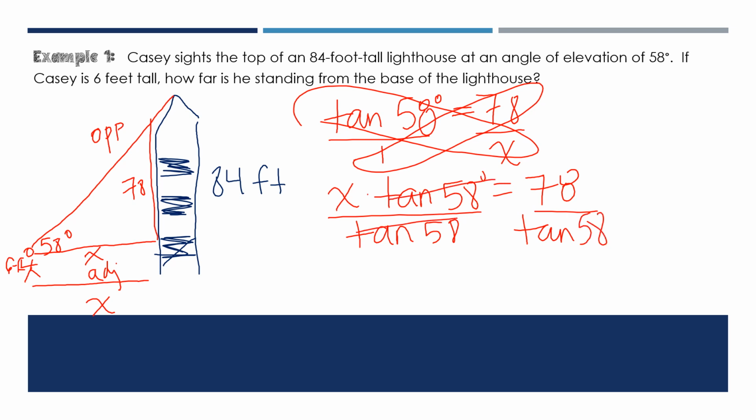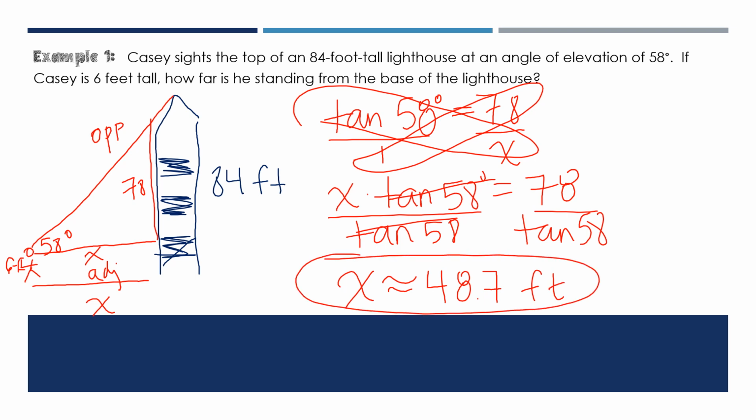We go to our calculator and type in 78 divided by tangent of 58. Make sure you don't do the inverse tangent, because we have the angle, so just regular old tangent, and we should get that he is standing about 48.7 feet away from the lighthouse.